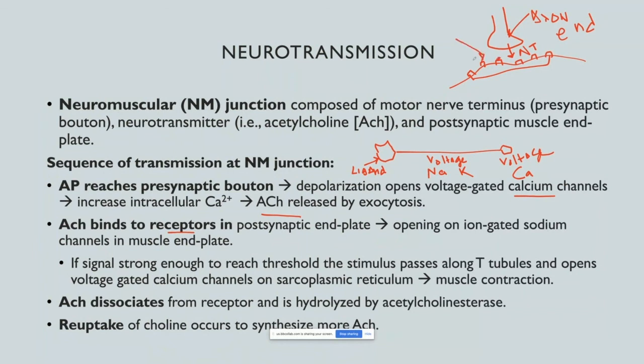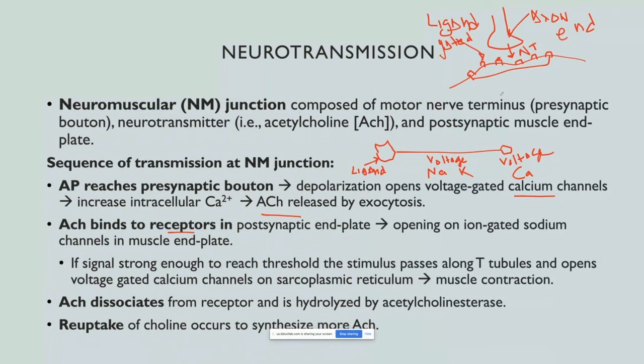And this is a type of ligand-gated channel that will open when this acetylcholine binds there. These are channels, for example, for sodium. And when these channels open after acetylcholine binds there, sodium is going to enter inside the cell.